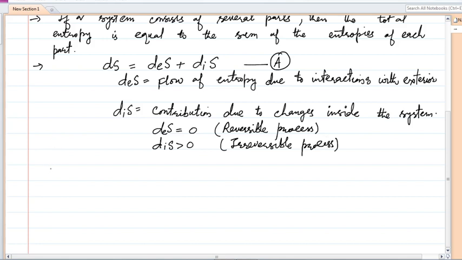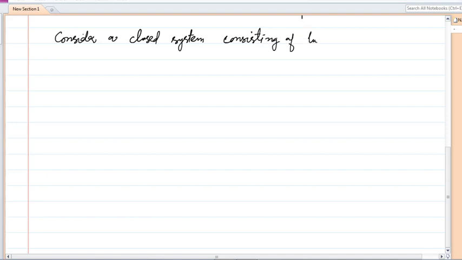Now we will consider a closed system consisting of two phases. Suppose we will represent those phases as phase first and phase second.